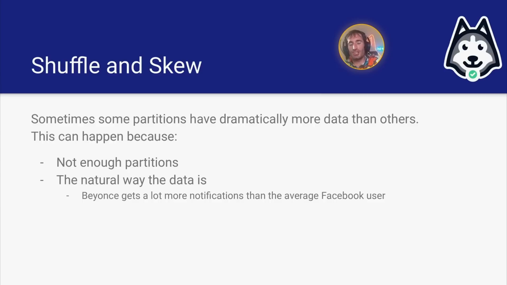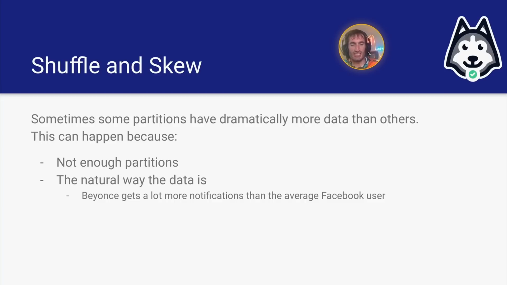What you can imagine in this case is, imagine if Beyonce and Justin Bieber and, I don't know, The Rock, somehow miraculously, all of their user IDs are divisible by 200. And then what happens is, every single time, all of their notifications go to the same executor, and it's them and then a bunch of random people, but just those 3 users are going to have dramatically more data than everybody else because they're famous.